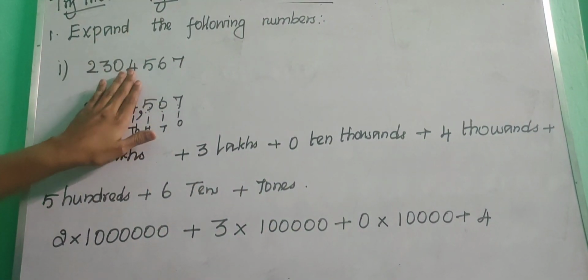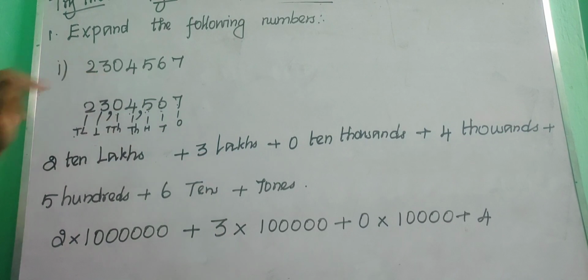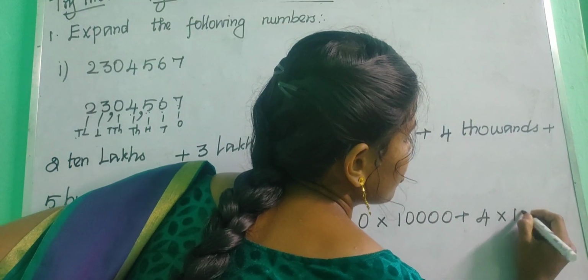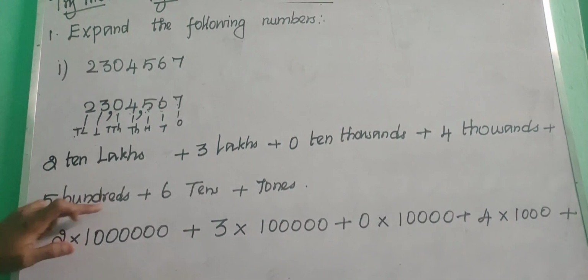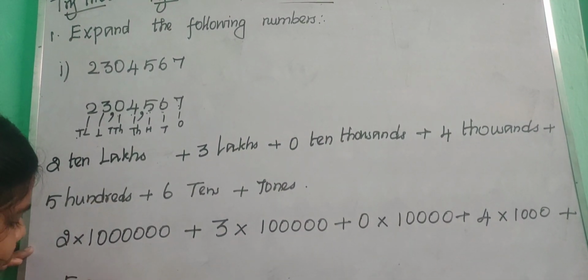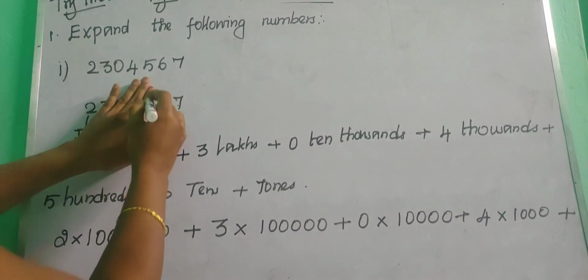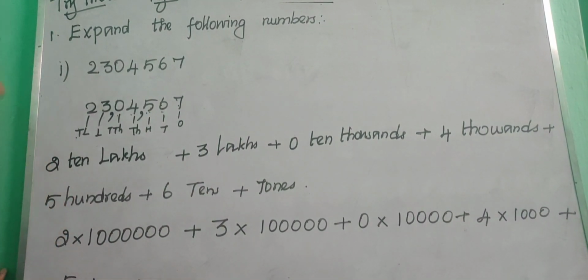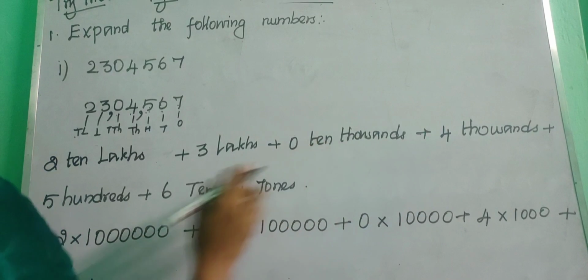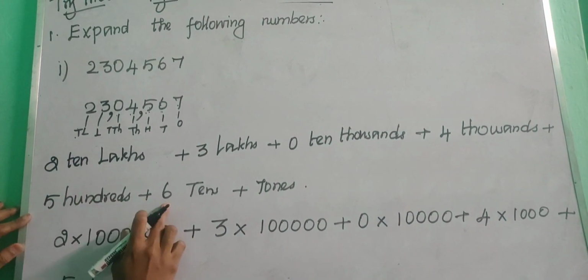Just hide this 4 and count 1, 2, 3. 3 zeros, so into 1000. And then plus 5 hundreds, 5 into 100. 2 zeros. Then put plus and then 6 tens.